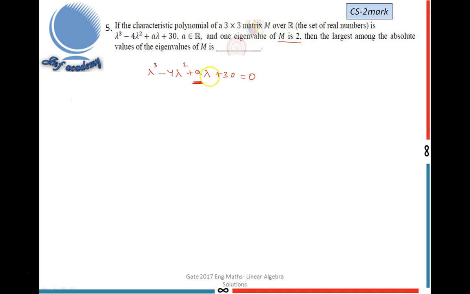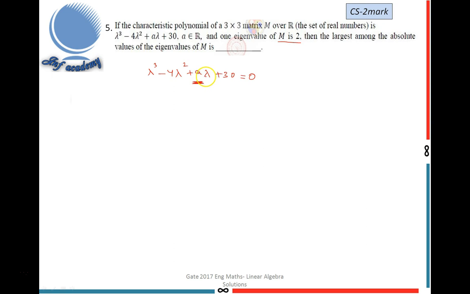By the definition of eigenvalue, the roots of the characteristic equation of A are called the eigenvalues of the matrix A. That means the eigenvalue satisfies the characteristic equation, because eigenvalues are the roots of the characteristic equation.